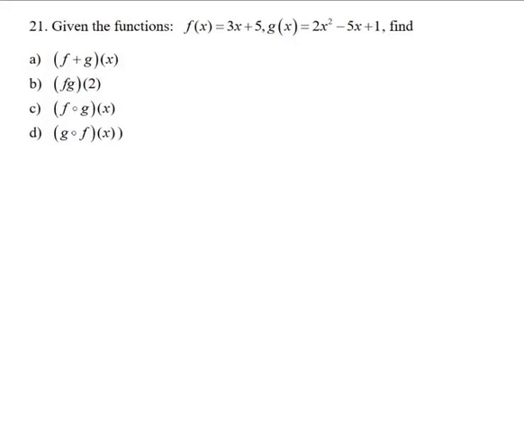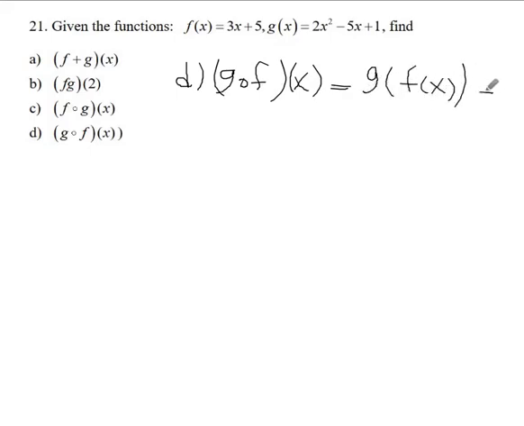So for part D, we want to find the composition of g with respect to f of x. For this part here, we want to find the composition of g of f of x. So that is the same as g of f of x. So f of x is given to me as 3x plus 5.